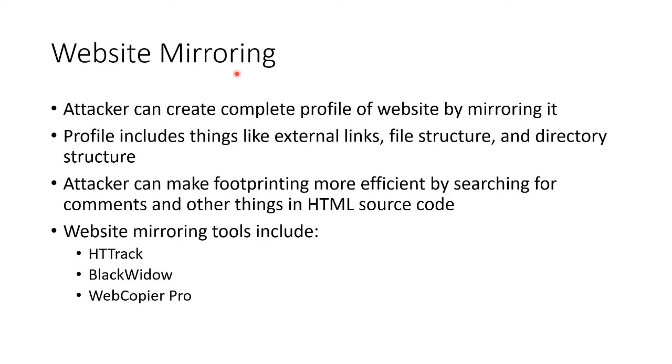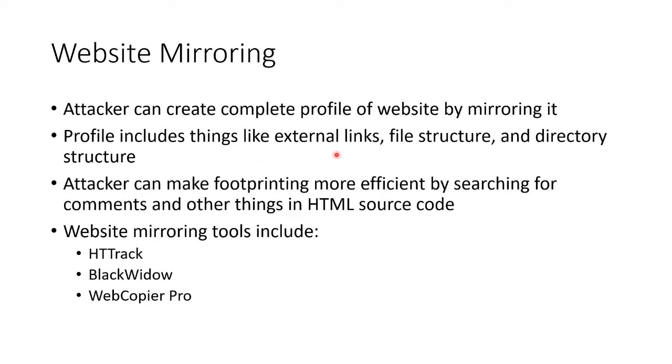So you have the mirroring tool go slow enough that it doesn't set off any alarms. So we are grabbing a complete copy of the website, and we call this a profile. It's basically a copy, and it will include the directory structure, the file structure, all the files, external links, internal links, and then we can just go all the way through it and look for stuff.